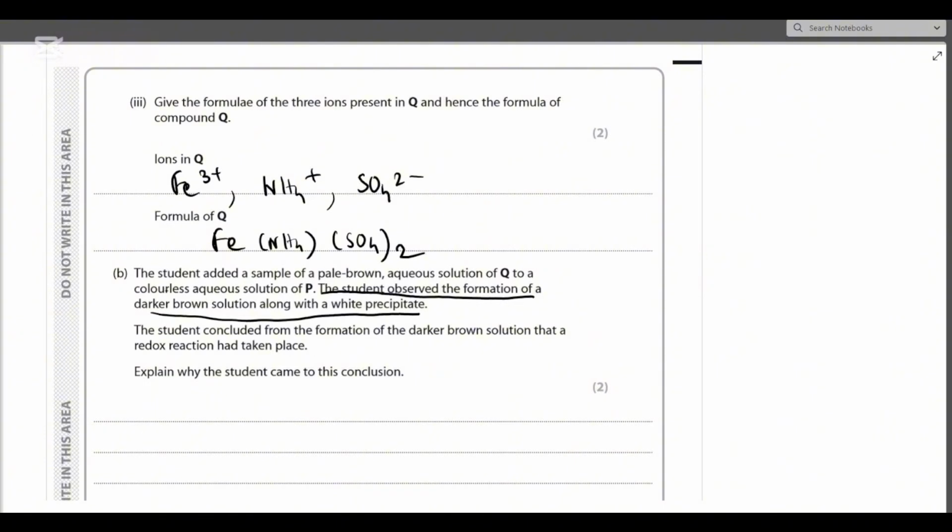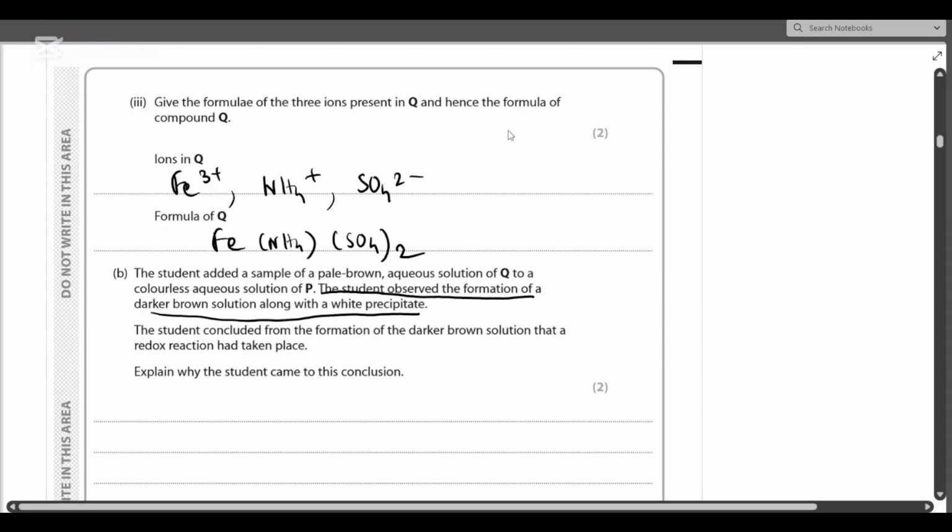Now, the production of a darker brown solution basically means that the iodide, which was present in the aqueous solution of P, was oxidized to iodine, because only when iodine is produced, the solution basically turns darker brown.